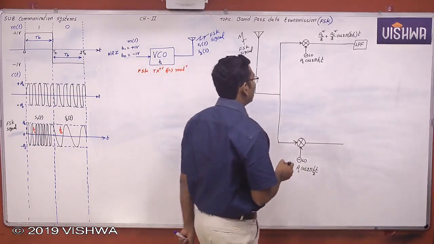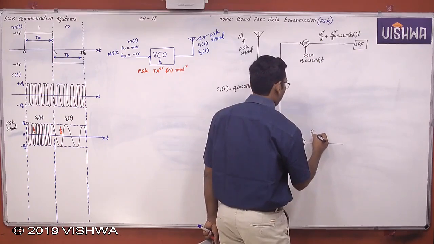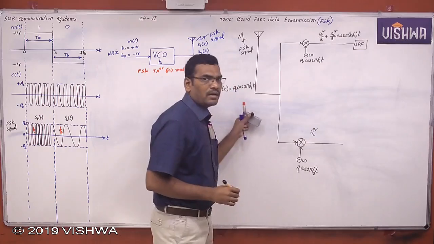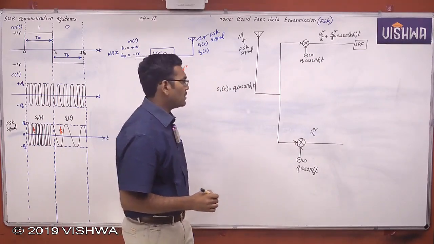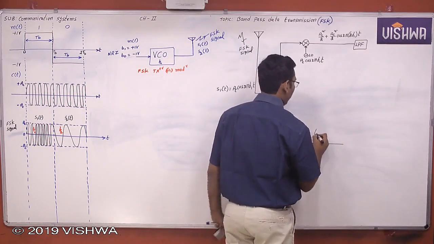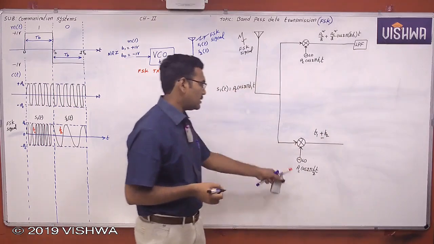The same signal is coming in this path. Now this is AC into AC, AC square, cos A cos B. What is cos A cos B? 2 cos A cos B is cos of A plus B plus cos of A minus B. So here you get F1 plus F2 and F1 minus F2, but these are high frequencies.